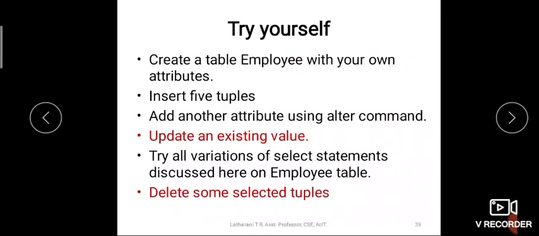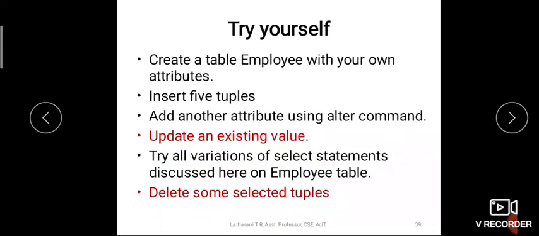After this there are some other queries which you can try yourself. You can create a table called employee with your own attributes. Insert 5 tuples, 5 rows. Tuples means rows. 5 rows means you enter 5 employee details using the insert statement.